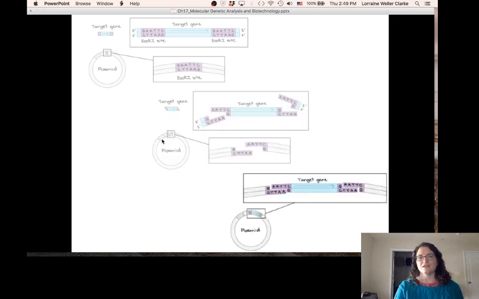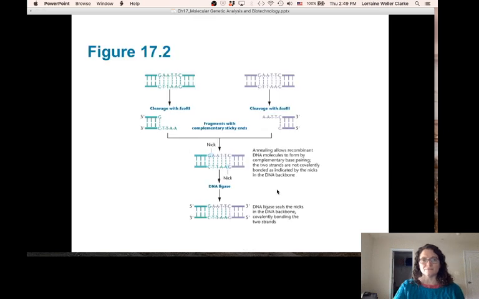Okay, so now you have the target gene. It sticks in the plasmid. It fits in this nice sticky part on the sticky part. Now, note that we don't want this to be stuck in upside down. And because of that, there's a specific way to figure that out too. Okay, so we're going to talk a little bit about that. All right. Again, this is from your book.